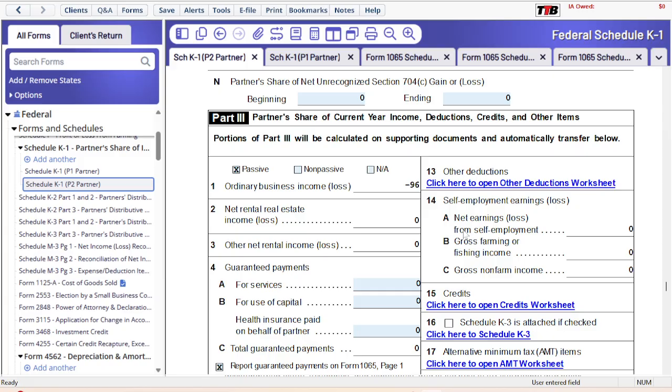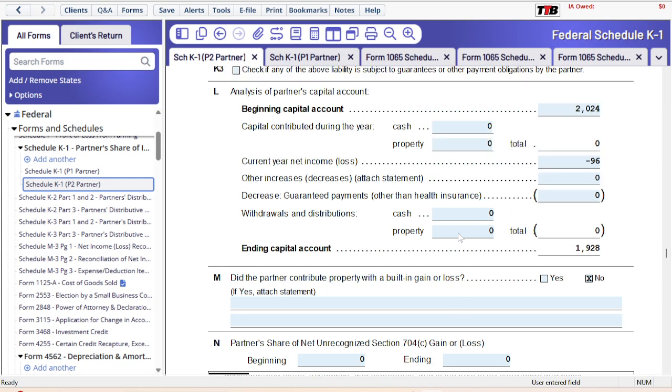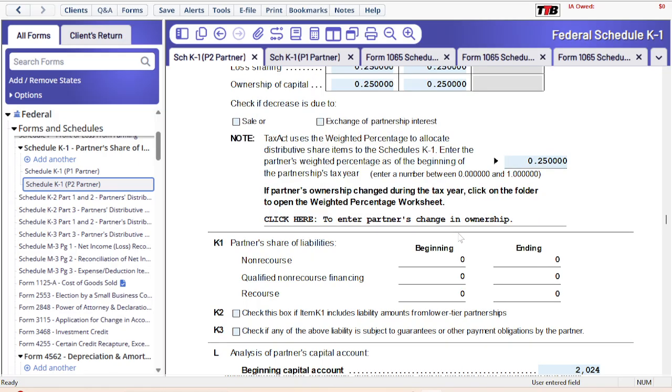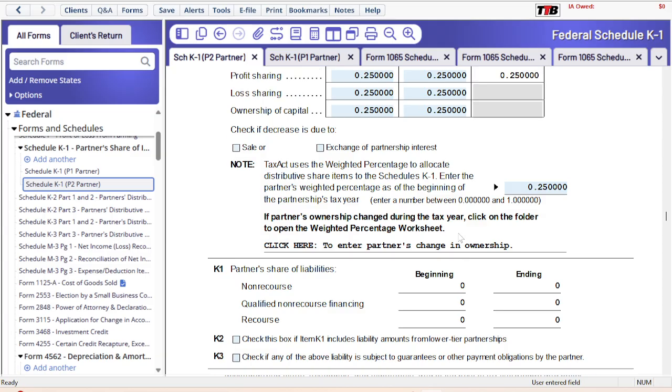And if you have a rental property, by default it is considered a passive activity, and that is why it goes on Schedule K straight.